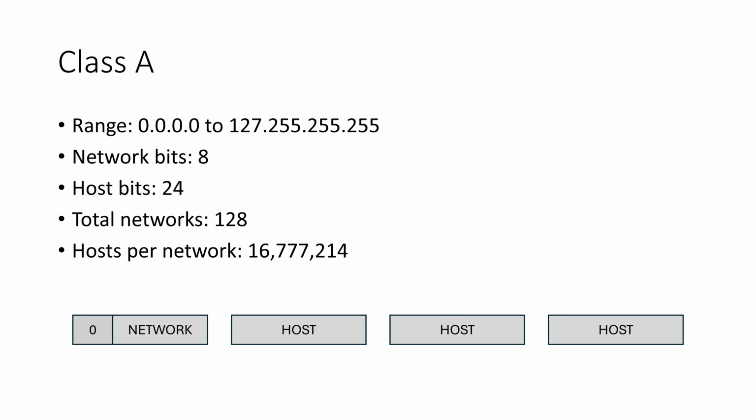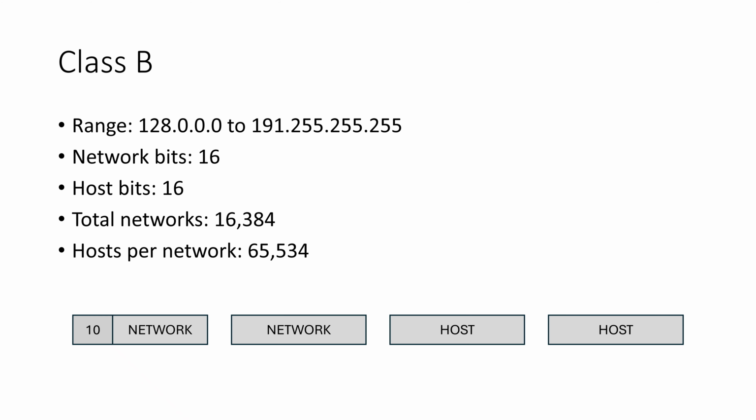That is 2 raised to the power 24 minus 2, and we are subtracting 2 because one address is reserved for the network itself and one for broadcast. Class A addresses were originally assigned to very large organizations and government networks, but in today's context, that was a massive overkill and contributed to IP wastage, which we'll discuss later.